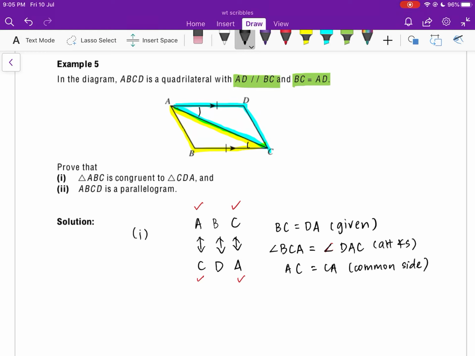So with that, we have side, included angle, and side. Side, included angle, and side, you can prove that ABC is congruent to CDA because of SAS.